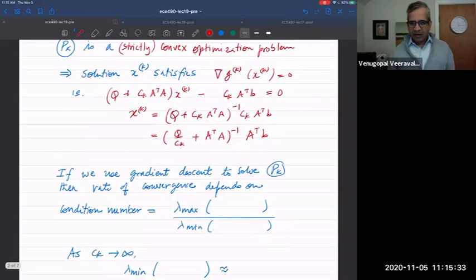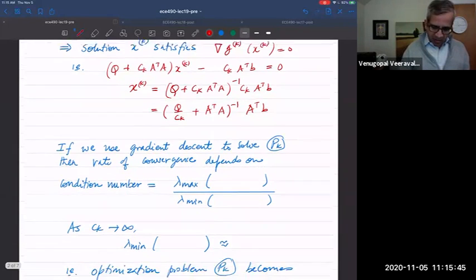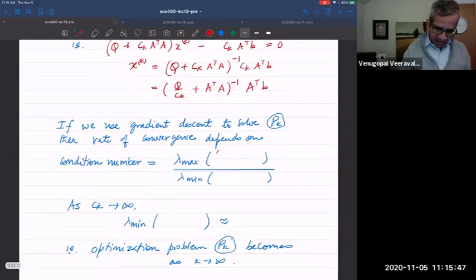If you try to optimize this using straightforward gradient descent, you'll have linear convergence, and the condition number for this is going to be this.